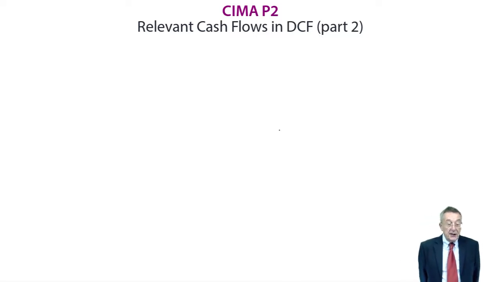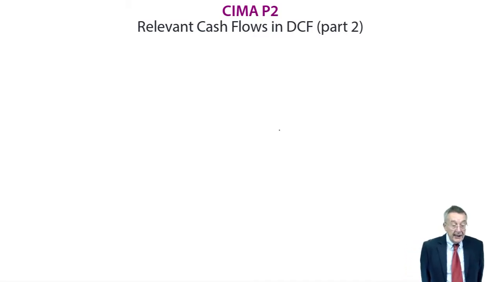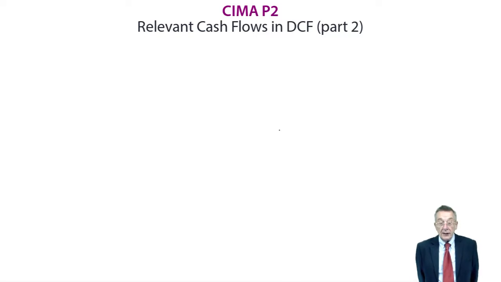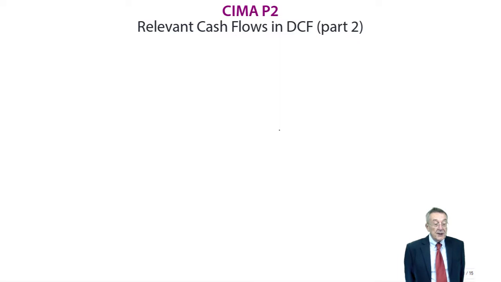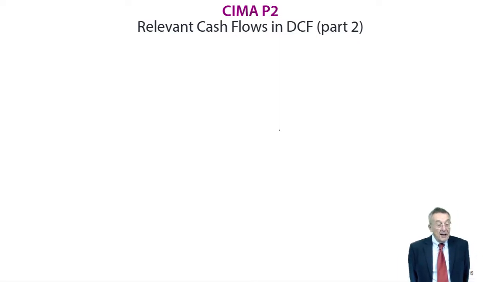The machine is expected to last 4 years and have a scrap value of 20,000 at the end of its useful life. The net operating cash flows are expected to be 30,000 a year for the first 2 years and 40,000 for the following 2 years. And all operating flows are assumed to occur at the ends of years. It says calculate the net cash flow for each of the years in question.